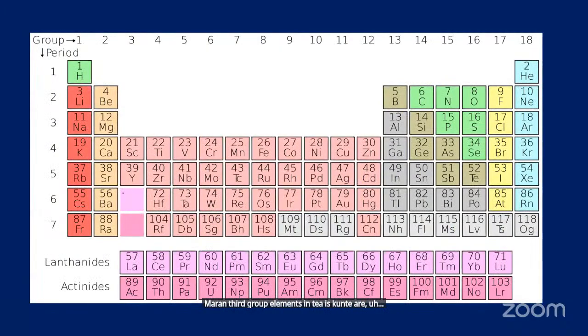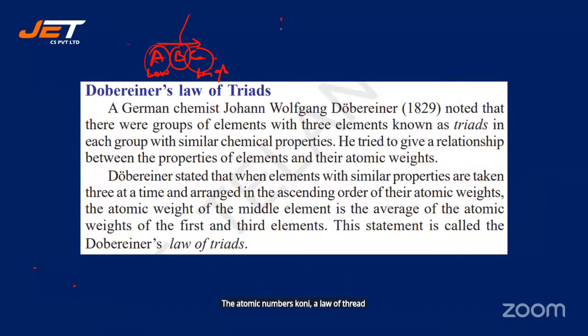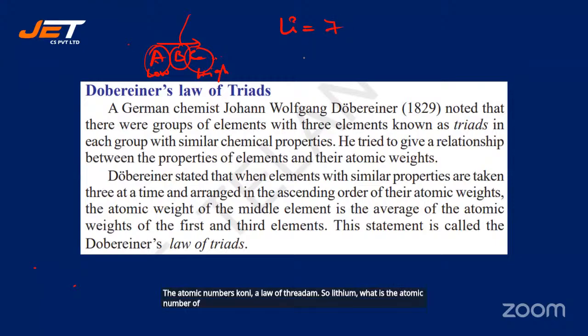Let us look at an example. If we take third group elements, I'll just show you. So if you are considering these elements, lithium, sodium and potassium, let us take their atomic numbers and see whether this law of triads is followed. So lithium, what is the atomic number of lithium? It is around 7.